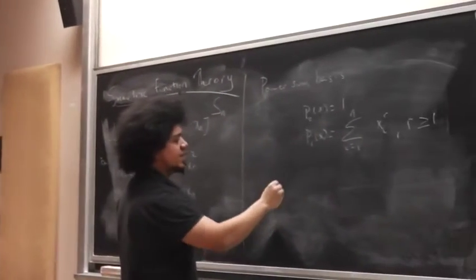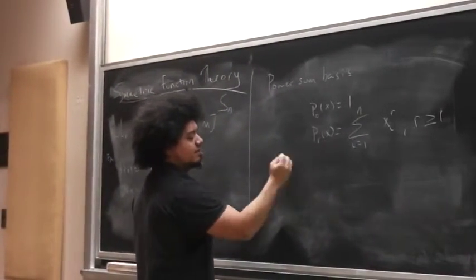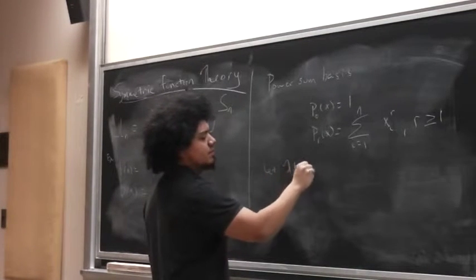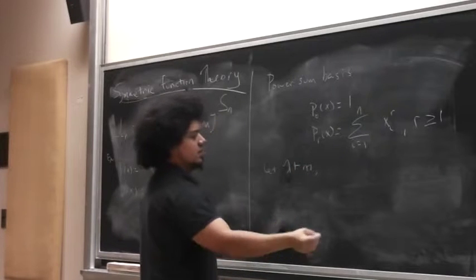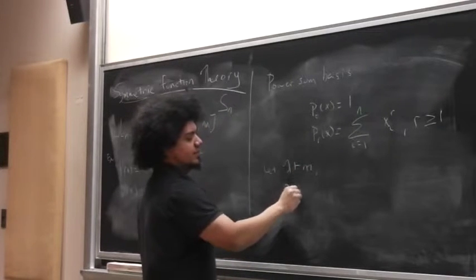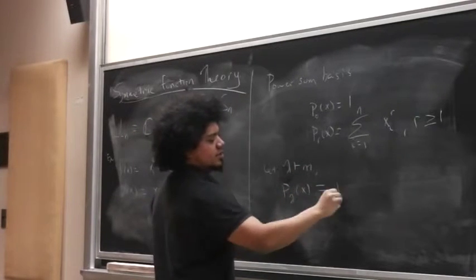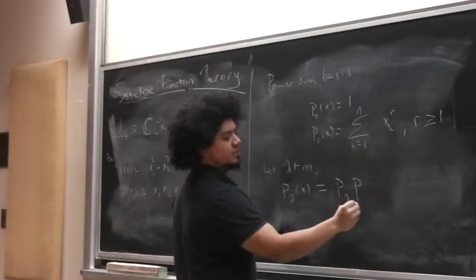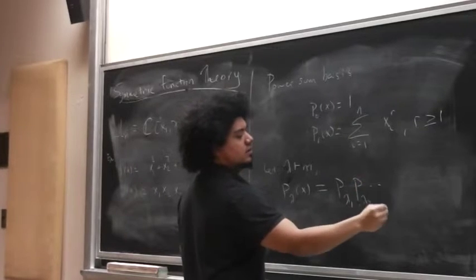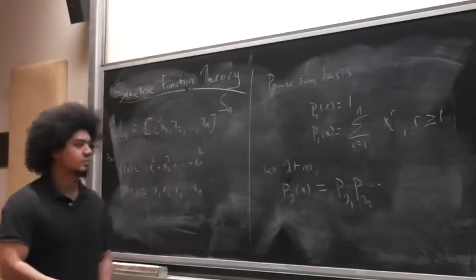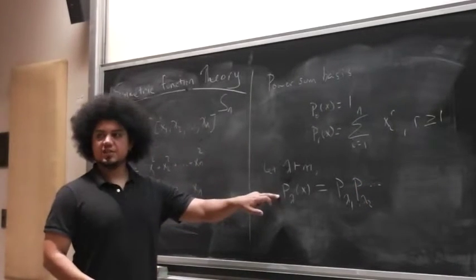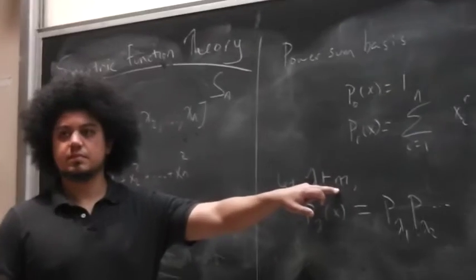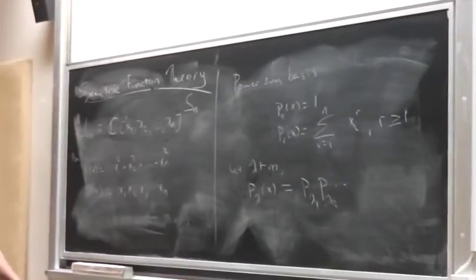They're not a basis quite yet, but if we let lambda be a partition of n and define p lambda to be just the product, suppressing the x all the way down, then the collection of these, for all partitions of arbitrary n, form a basis of this space.